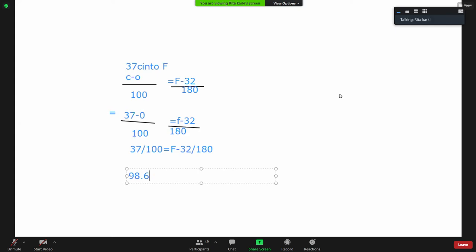So this is the method of conversion of the centigrade scale into the Fahrenheit scale. Now convert 37 degrees Fahrenheit into centigrade. Can you convert?